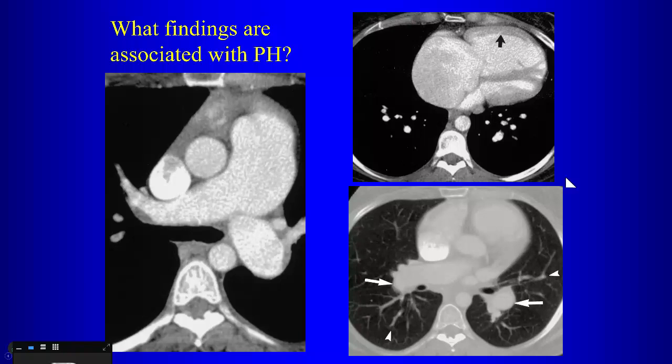When you look at the heart itself in a patient with pulmonary artery hypertension, what do we see on CT? Right atrial or right ventricular changes. Yes, there's right ventricular and right atrial enlargement, and there's right ventricular hypertrophy. So you see right ventricular hypertrophy, and that tells us this is chronic pulmonary artery hypertension. The right ventricle is dilated.